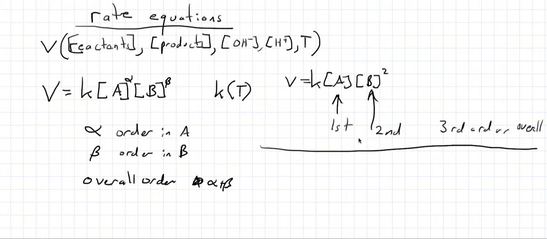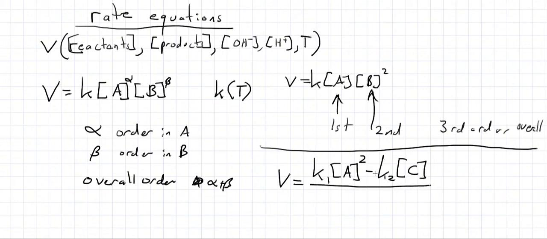And just to give you a counterexample of something that wouldn't have an overall order, if you had a reaction that had this expression for the rate, there's no overall order. So imagine something that has this expression for the rate. There's no way to just add up those exponents. It's not a simple product.